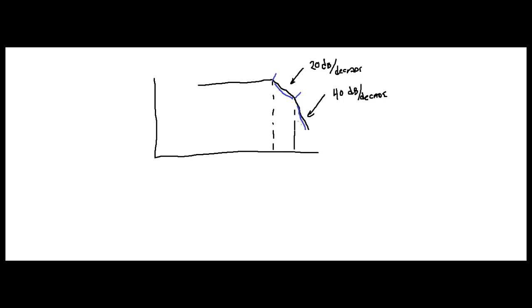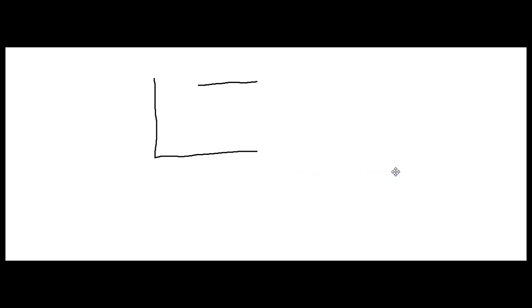All right? So if it happened that these two critical frequencies laid right on top of each other, they were the same critical frequency or very close, so instead of looking like this, you would basically look like this, right?